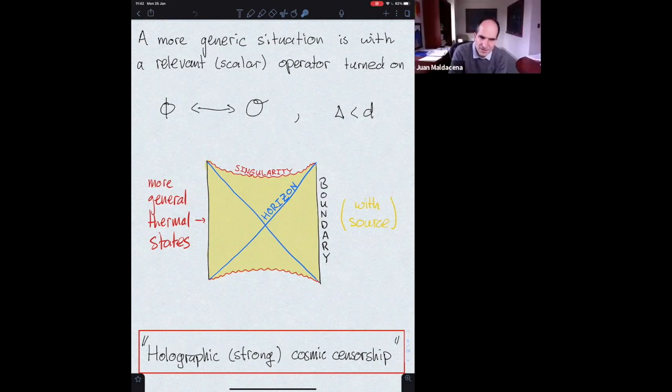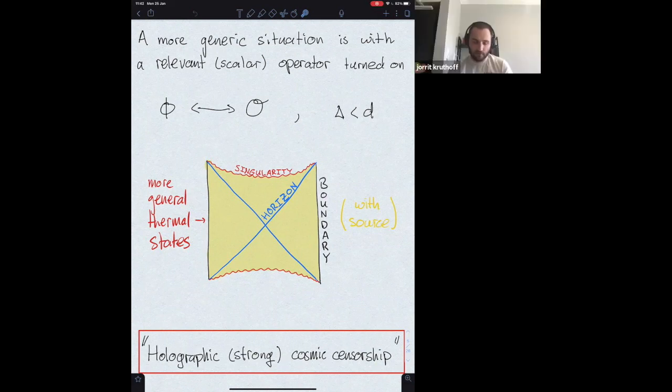See, for this issue of the inner horizon, the fact that the operator is relevant is not very important, right? You could have been irrelevant and you would have obtained a similar answer. Yeah, we will see indeed that in certain cases, it's important that it's relevant. For instance, if the scalar has a charge. If the scalar is neutral, then an irrelevant operator will also remove the Cauchy horizon.